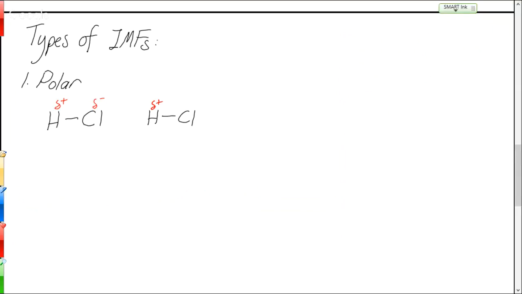So again, the positive side, the negative side, and we would expect an intermolecular force between those two, like that. And that could keep going on and on. So another one would be over here. And so on.